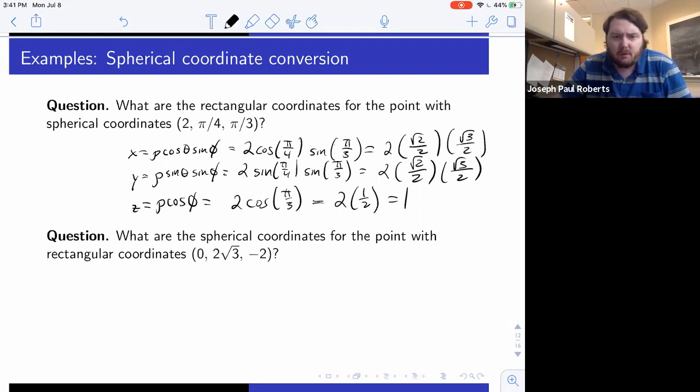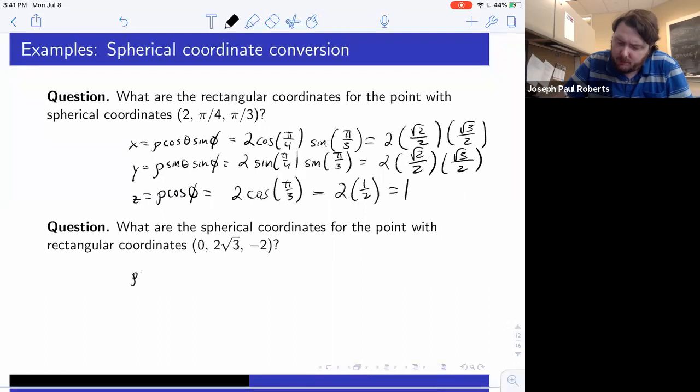So what are the spherical coordinates for this point? Well, I know that rho is the square root of x squared plus y squared plus z squared, which is the square root of 12 plus 4, which is the square root of 16, which is 4.